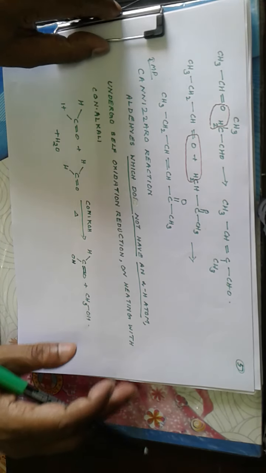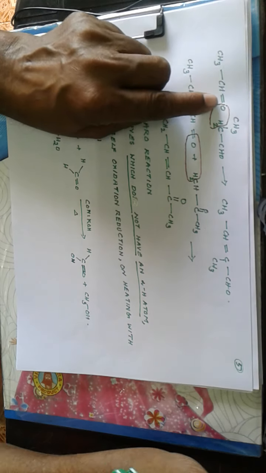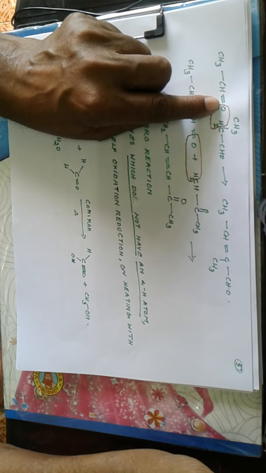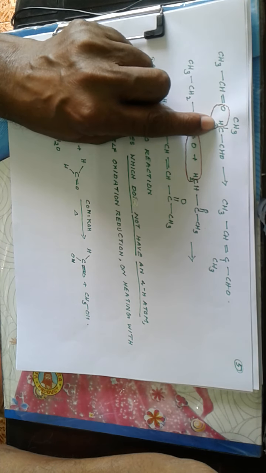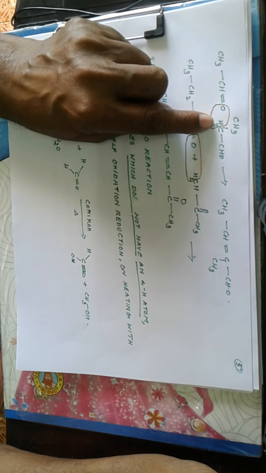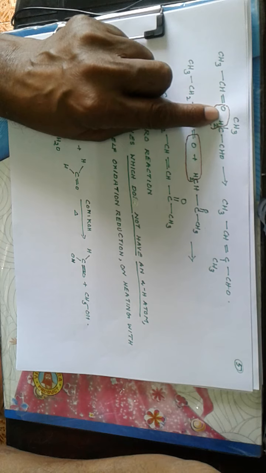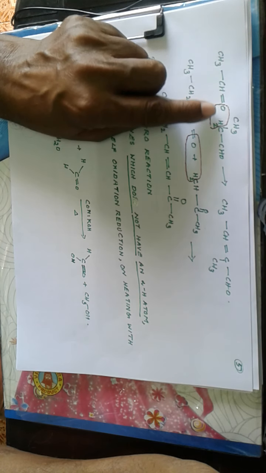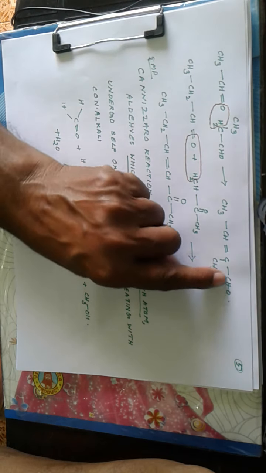Now here the first case, the oxygen atom of acetaldehyde combining with the alpha hydrogen of this molecule. So we get CH double bond CH, CH3, CHO.